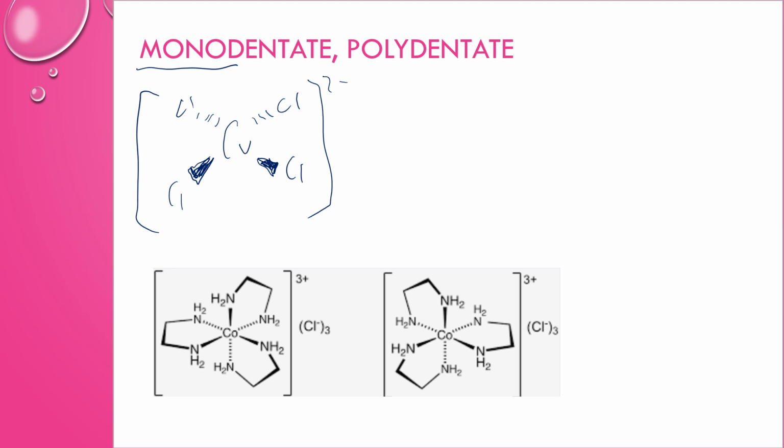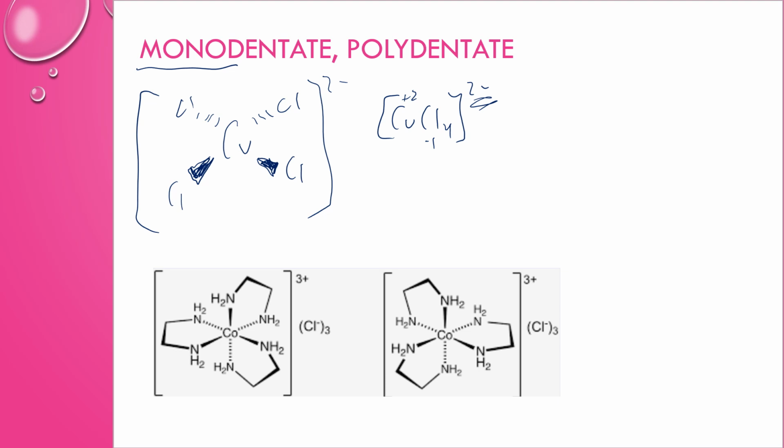So the formula, if I write it this way, is CuCl4 2-. Because each chlorine is attached once to that central copper atom, we call the chloride a monodentate ligand. You should also be able to determine the oxidation state on the copper. A chloride has a -1 charge, and there's 4 of them. So that's -4 overall. The copper must be +2 in order to get the overall charge on the compound to be -2.